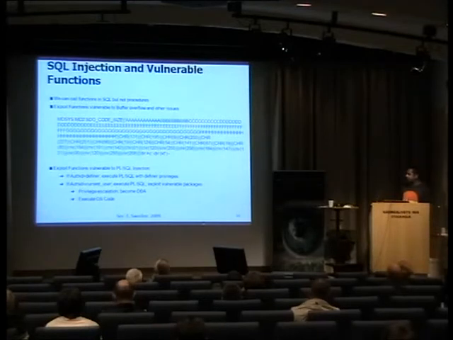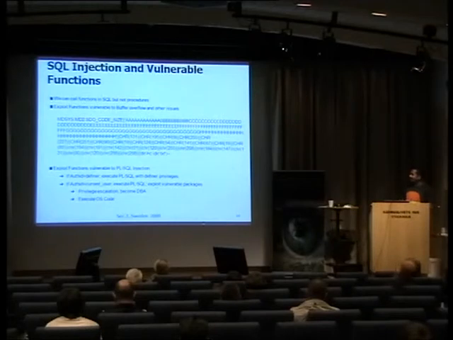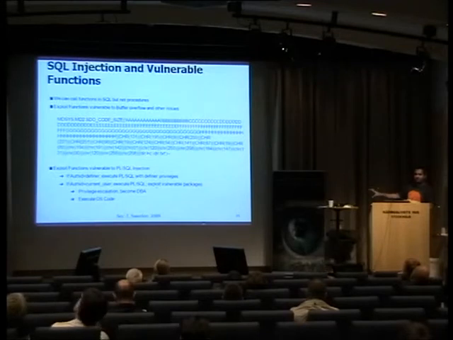But what you can do then is, because it allows you to execute PL/SQL, you can again call any vulnerable package in the backend database and exploit that. Right, it's getting a little bit confusing, I think, right now. Anyways, when I give you a demo, this will clarify a little bit more. The takeaway from here is that if a function is vulnerable to PL/SQL injection, it's simply game over, right?